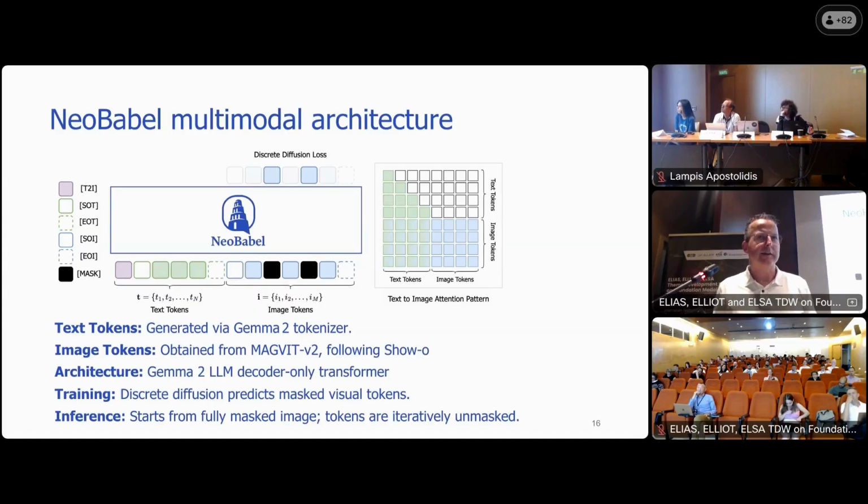The NeoBabel architecture itself is basically the Gemma2 LLM decoder-only transformer, which we changed a little bit by adding about 8,000 new learnable embeddings for the visual tokens. Now, how is this trained?